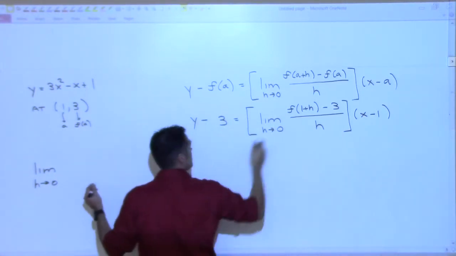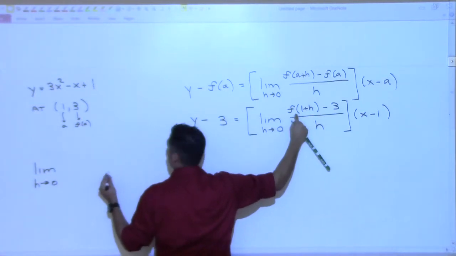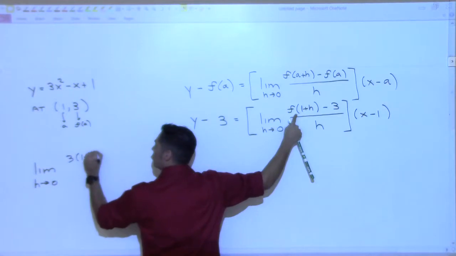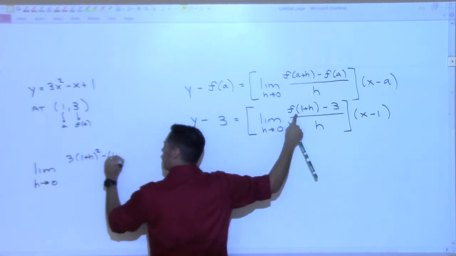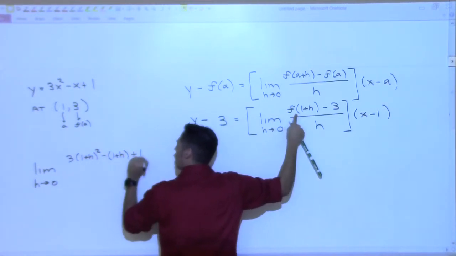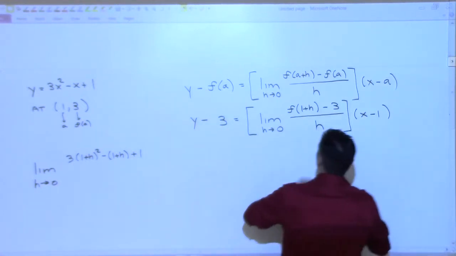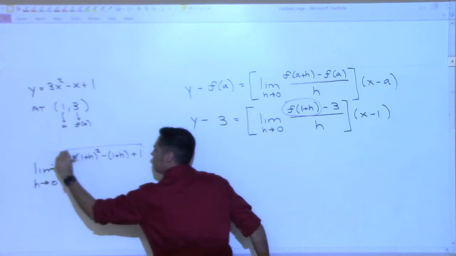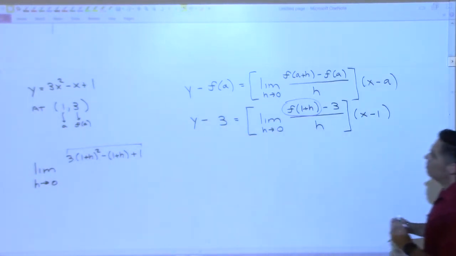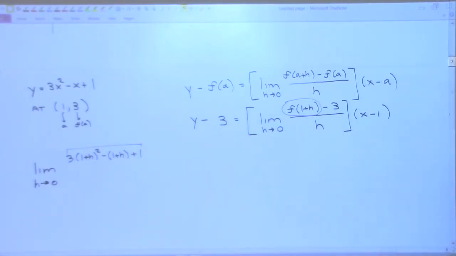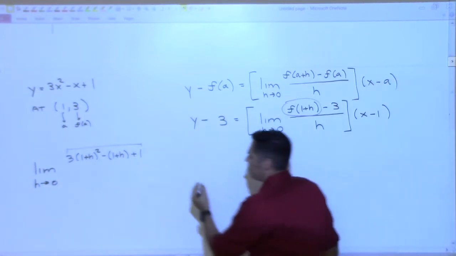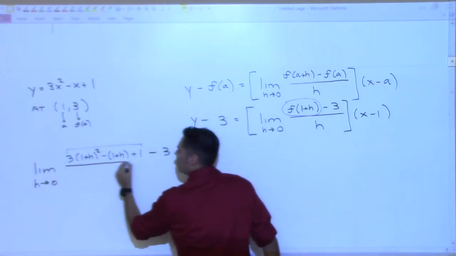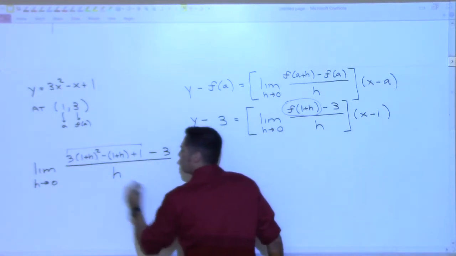So it becomes, this top left corner becomes 3 times 1 plus h squared minus, in parentheses, 1 plus h plus 1. That is just this piece right here. That is this, right? What do we still need next to that? Minus 3. And then all of that over h.